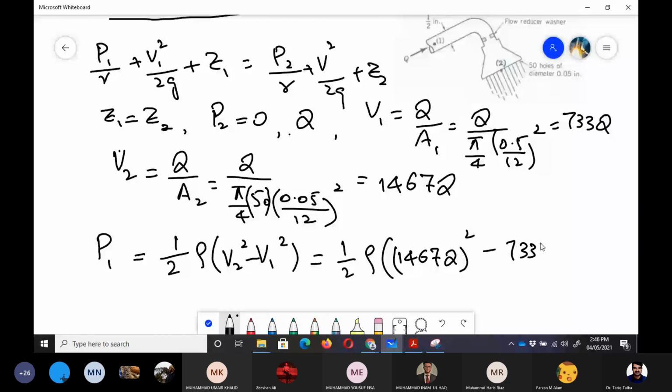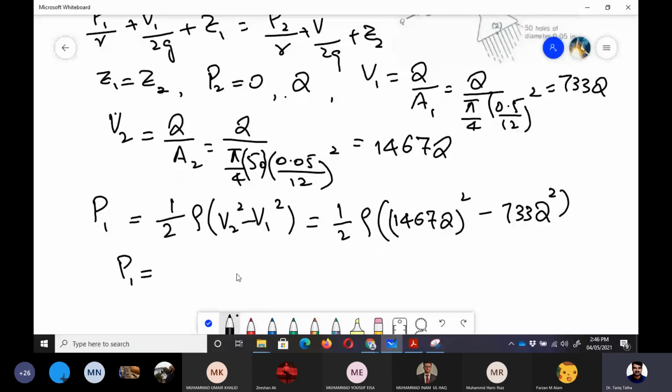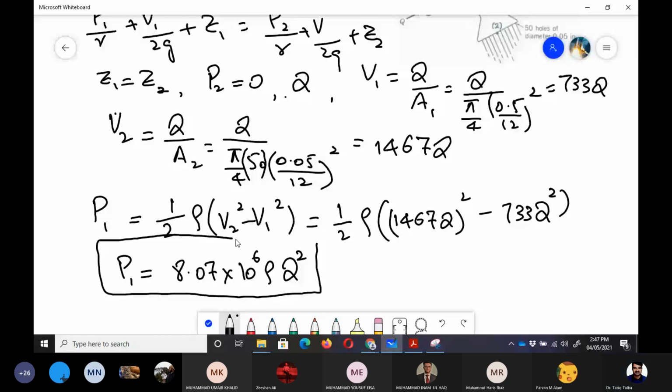And if we do the math to calculate the value, then it is equal to 8.07 into 10 to the power 6 rho Q square. Right. So this was the case when there is no flow reducer.